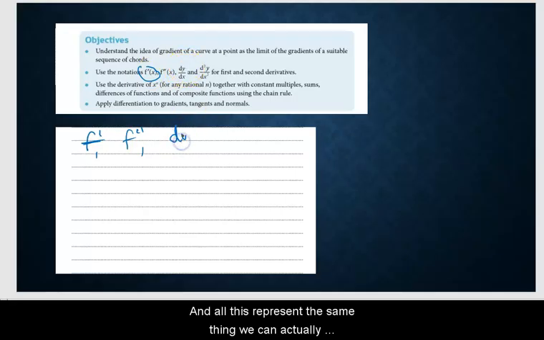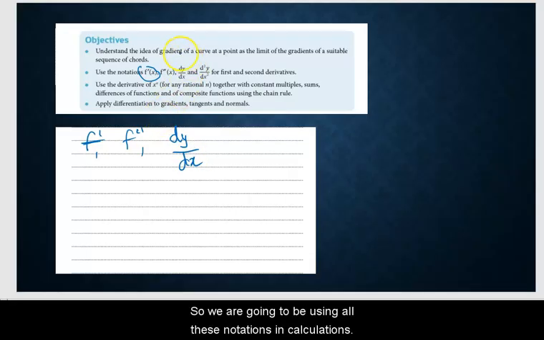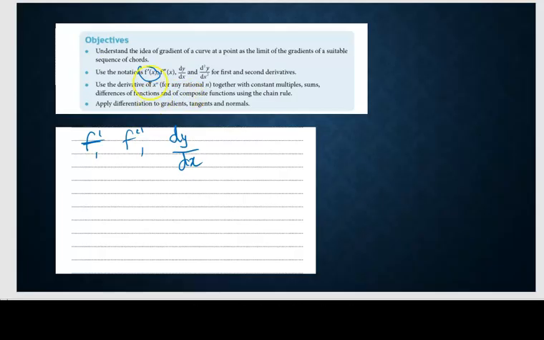We can actually do dy dx, right? So we are going to be using all these notations in calculations. Of course, we will use the derivative of x to the power n for any rational number n together with constant multiples, sums, differences of functions, and of composite functions.